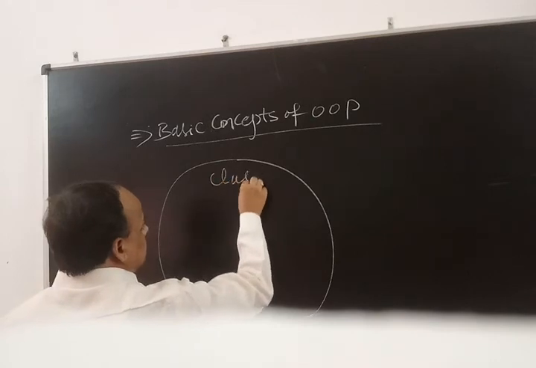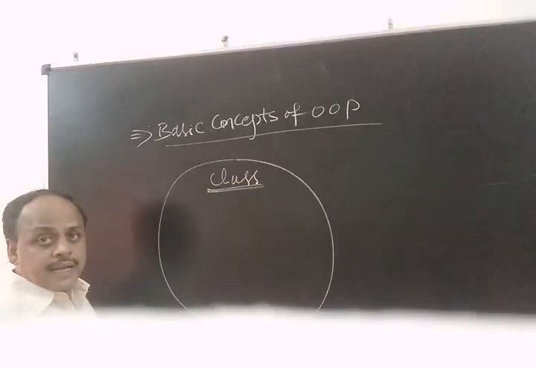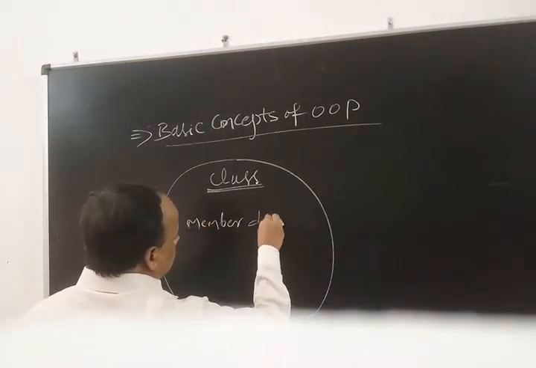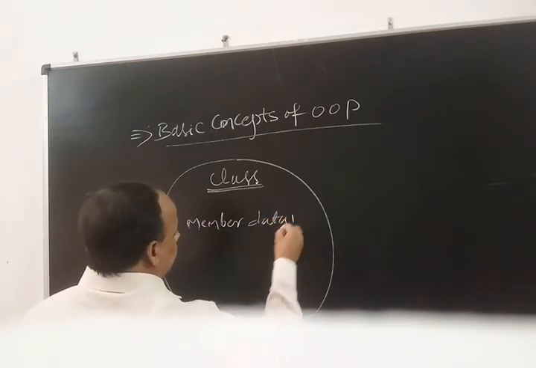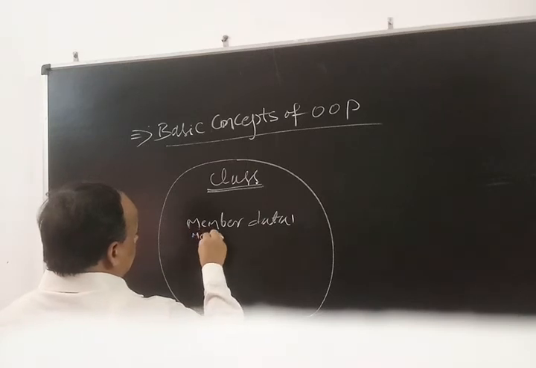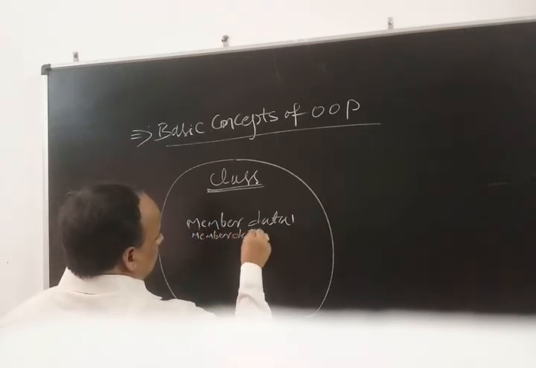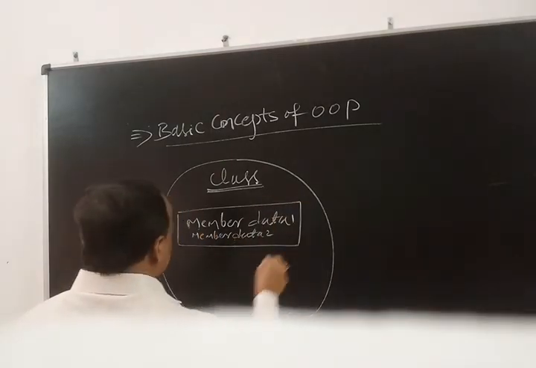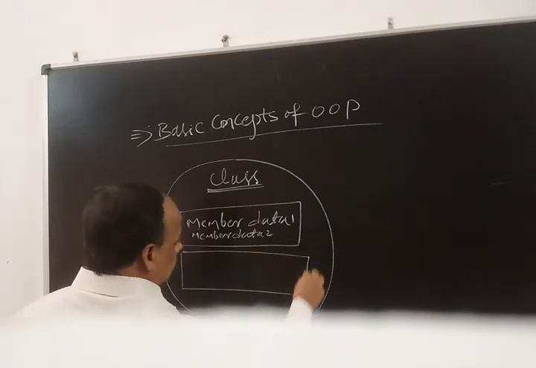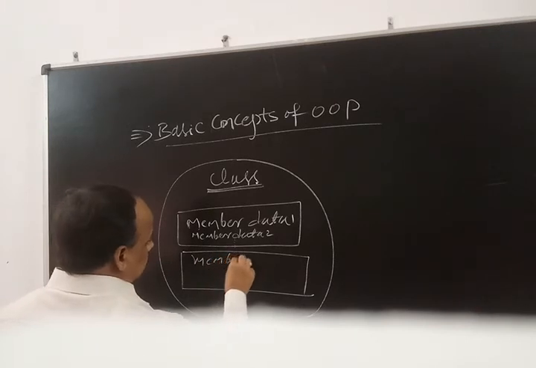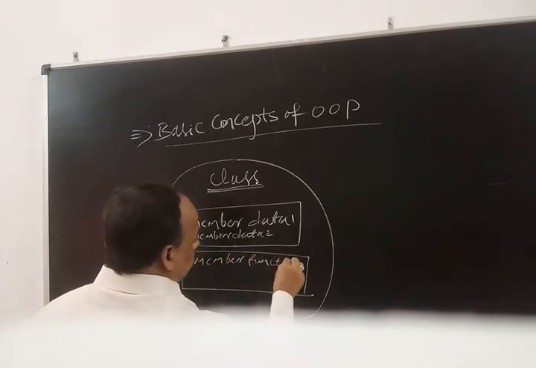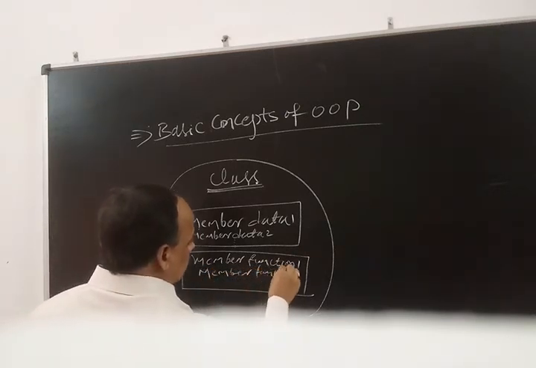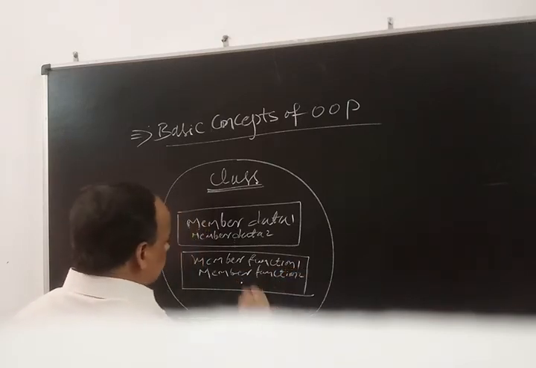Suppose this is a class, which means the class contains member data 1, member data 2, and so on, as well as member function 1, member function 2, and so on.